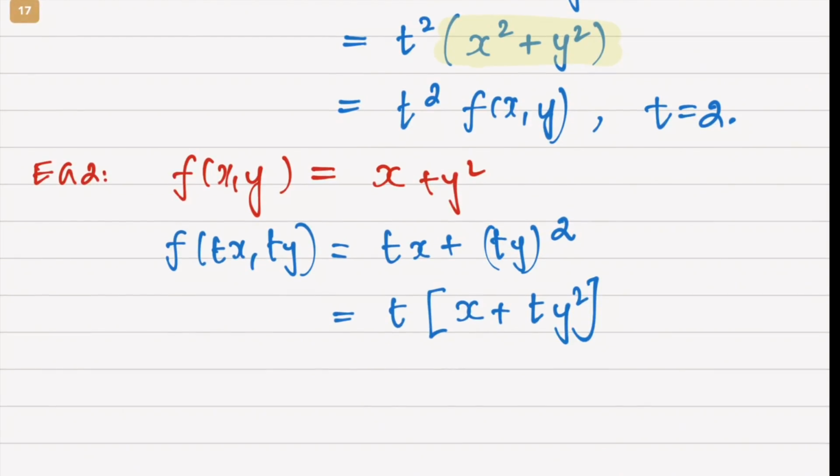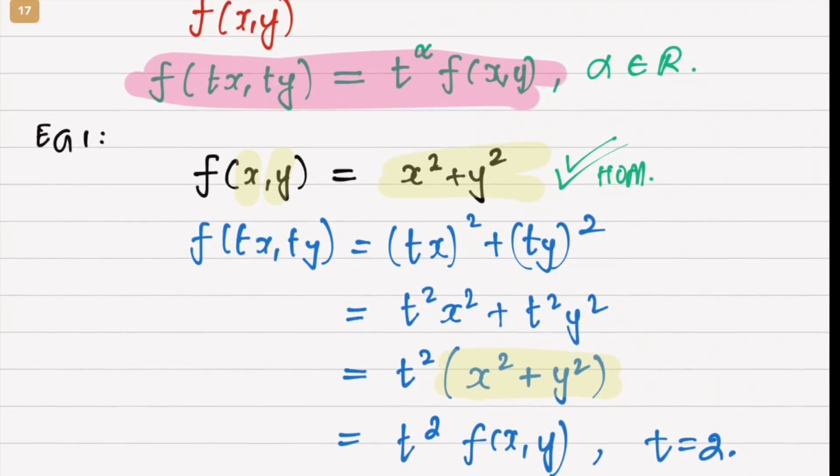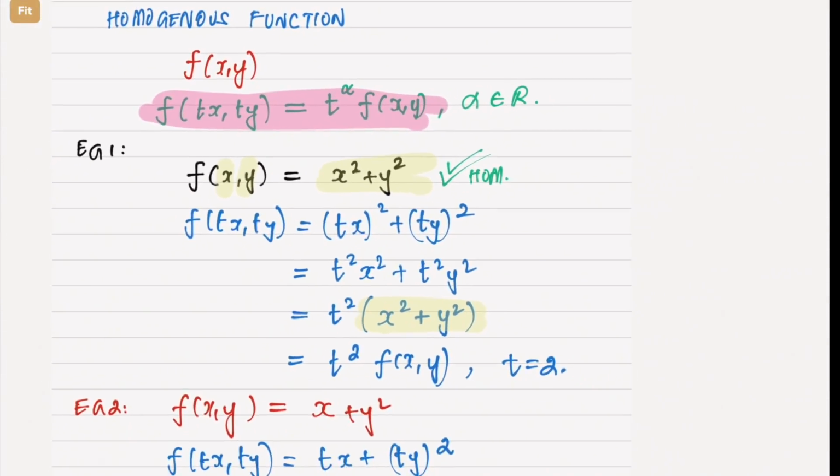You see that this function is not equal to f of x comma y. Therefore f of tx, ty cannot be written as t to the alpha f of x comma y, no matter what alpha is. That is the definition of a homogeneous function.